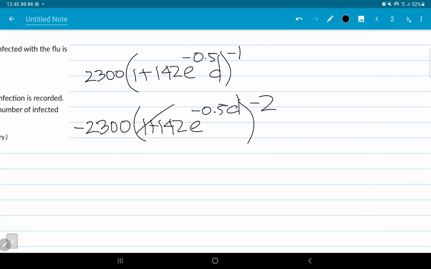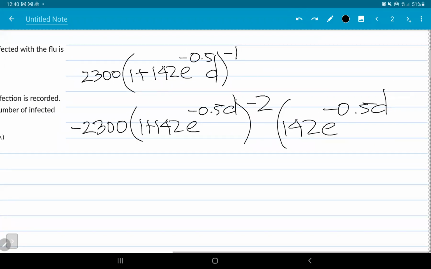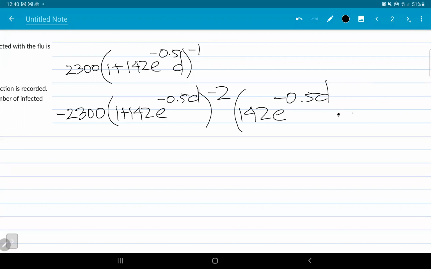So 0 to. Then you have 142. Derivative of E is itself. Tapos, i-differentiate mo pa yung exponent. So, meron kang factor na negative 0.